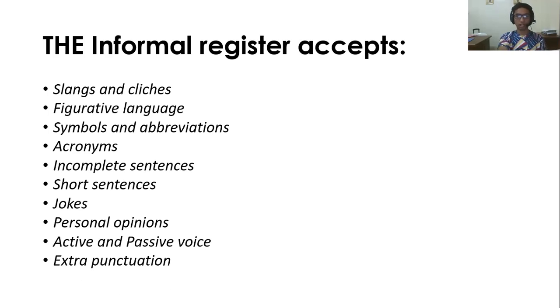So how do we display that extra punctuation? Like when you say okay, there are expressions like exclamation point, five exclamation points, as long as you're going to use it. That's extra punctuation. That is good in informal register.